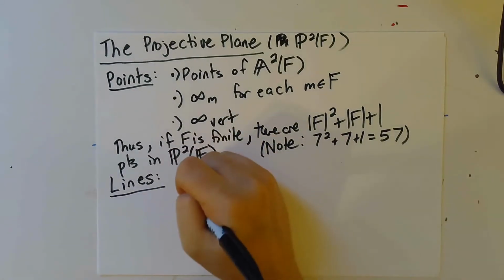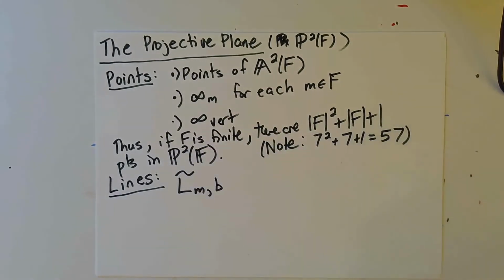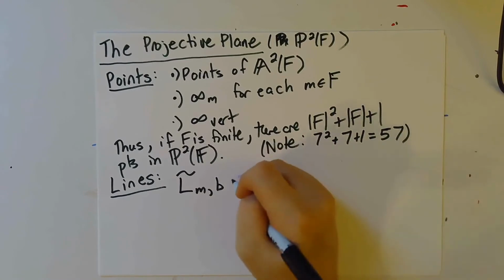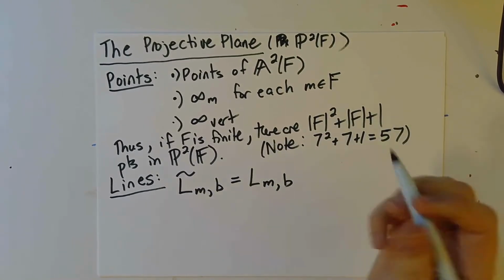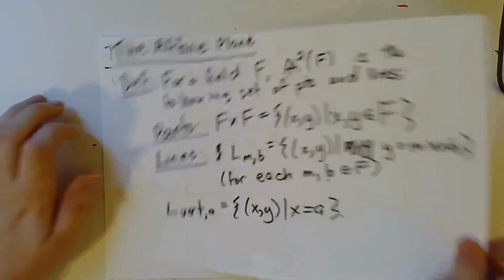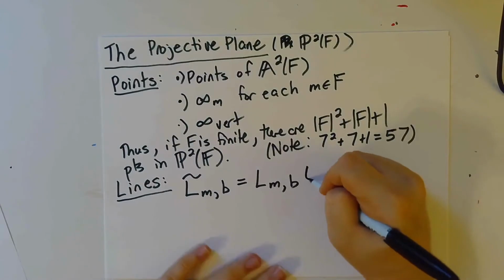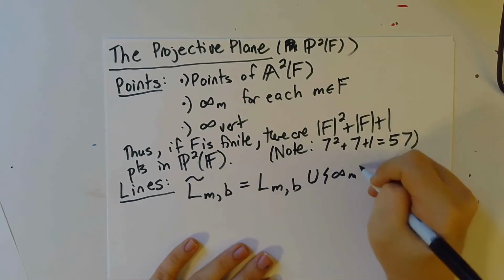And so, as before, I'm going to take this L twiddle m,b, and that's going to be the L m,b, the line exactly from the affine plane. And all I'm going to do is tack on an infinity sub m.